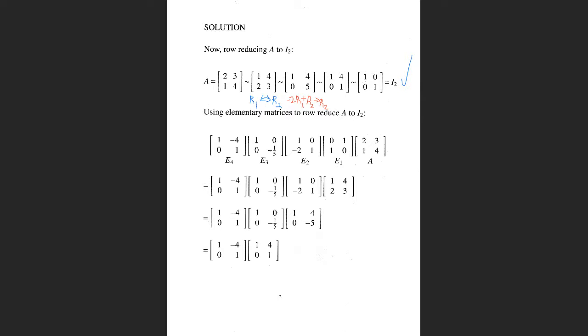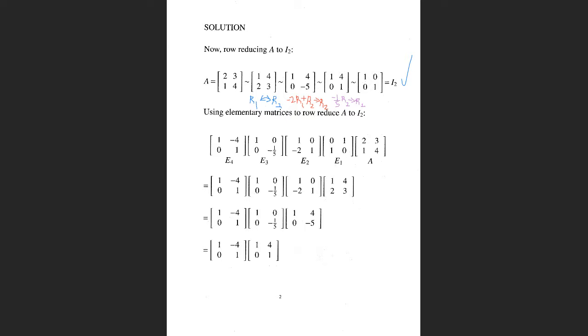And then here, for this matrix, I took -1/5 times row 2 and put the result in row 2. Scalar operation.